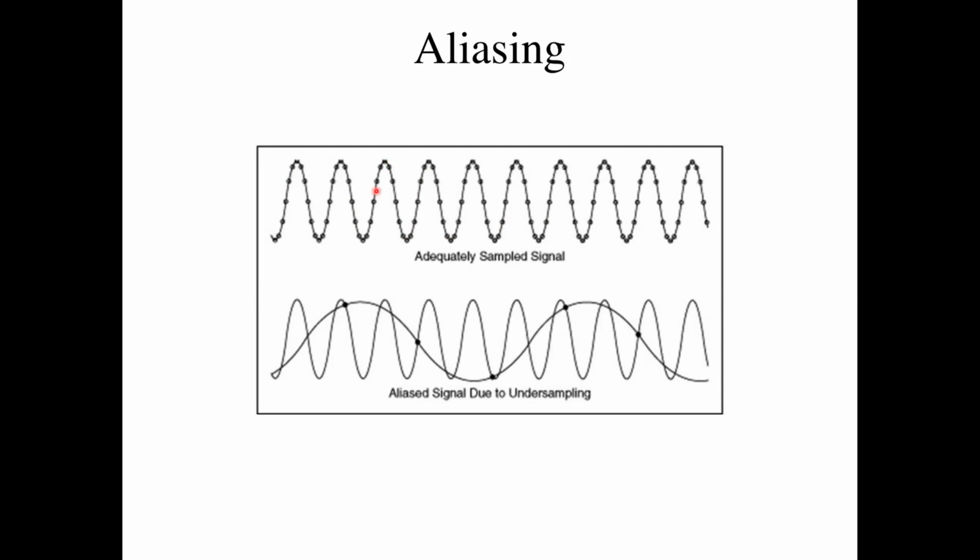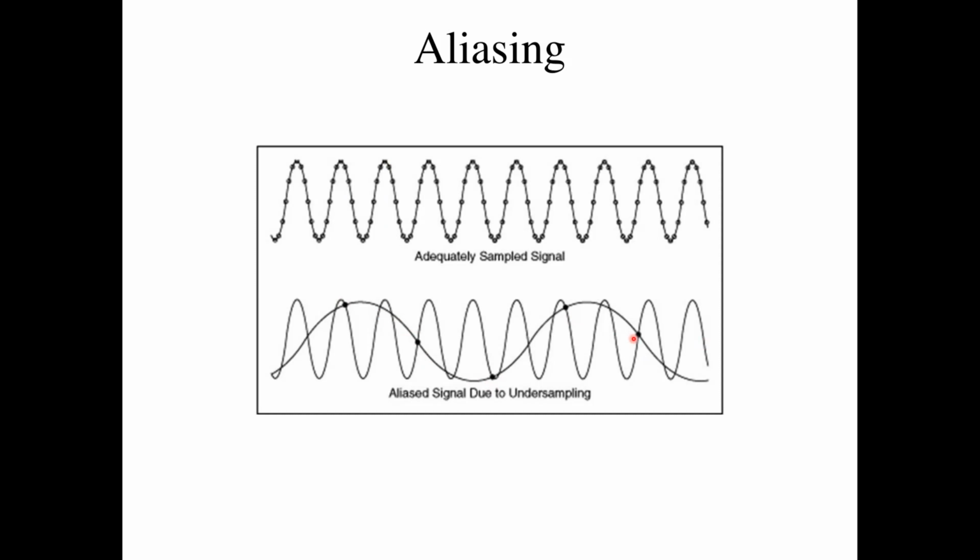If instead I drop every, I don't know, 20th point or every 16th point or something like that, and just use these points, now I can't really see that this is the underlying frequency. That signal at that higher frequency gets wrapped back into this estimate of this lower frequency.